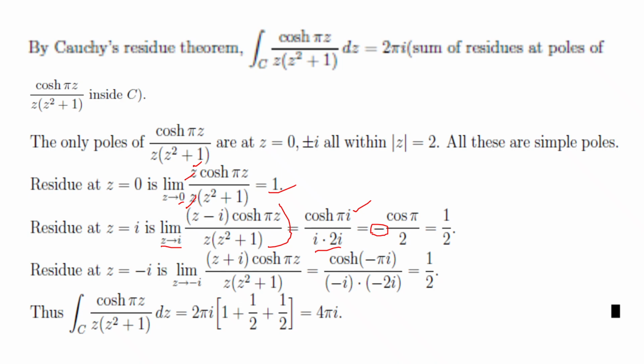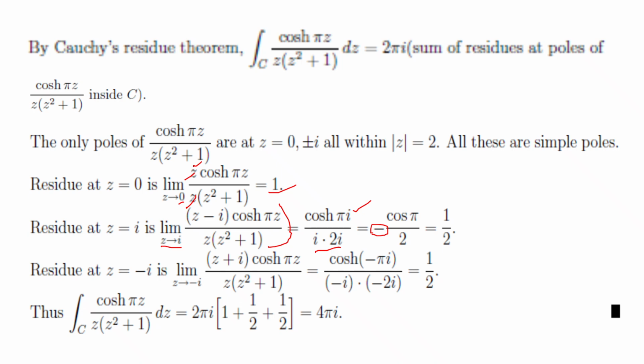Now we take the residue at z = -i: limit z tends to -i, (z plus i) cosh(πz) upon this much. Here again we will multiply by z minus i in numerator and denominator, giving z² minus i². As earlier it was cancelled out, the same thing will happen here.